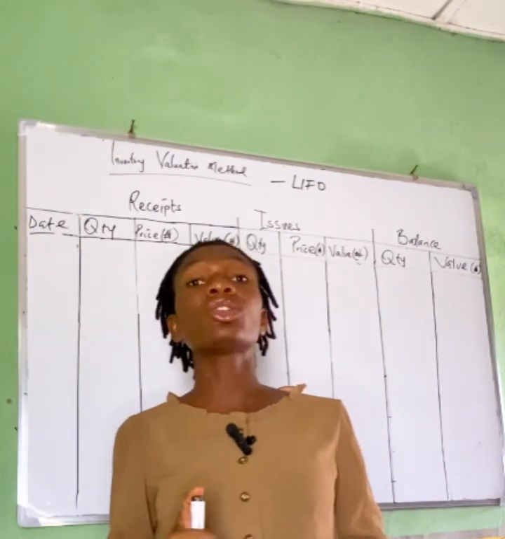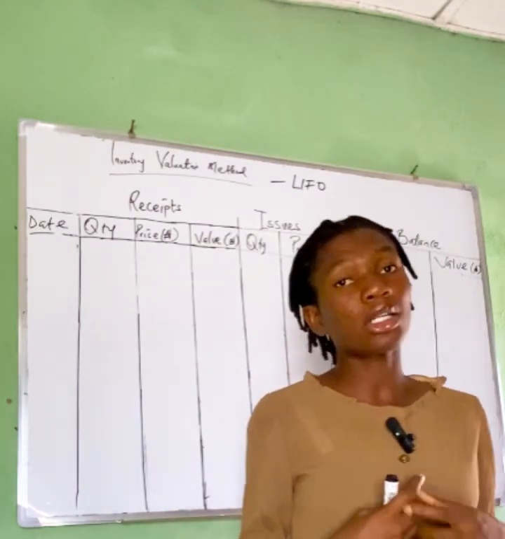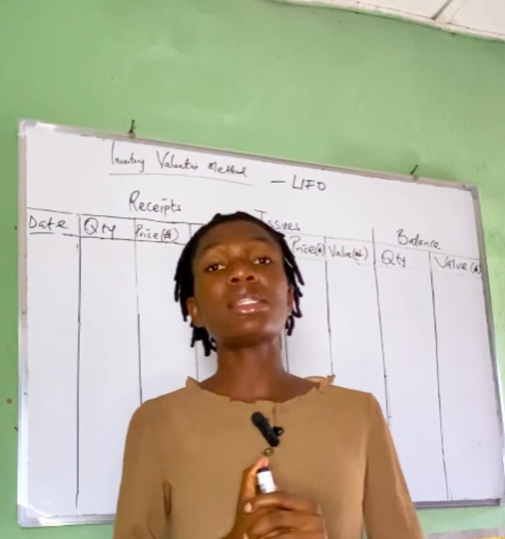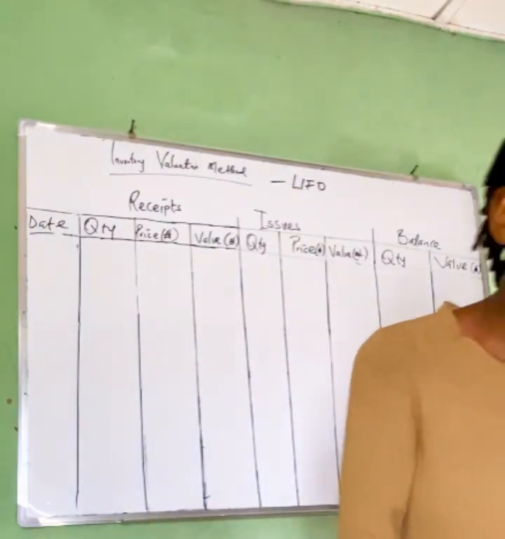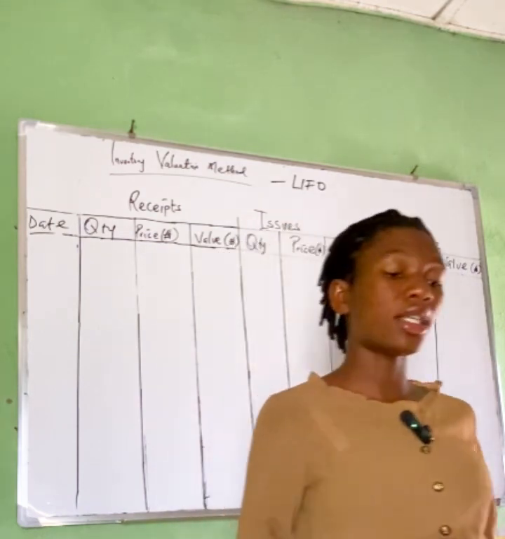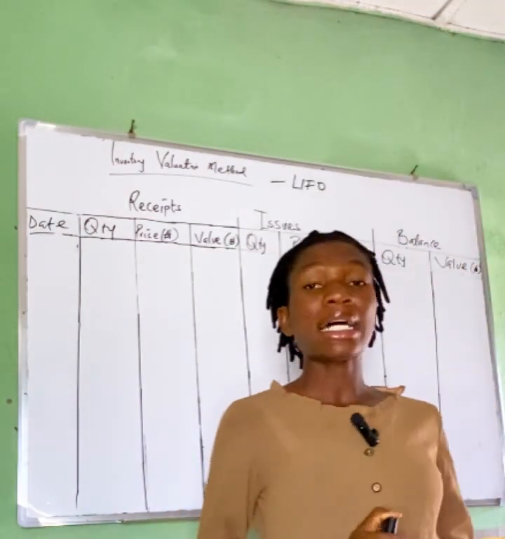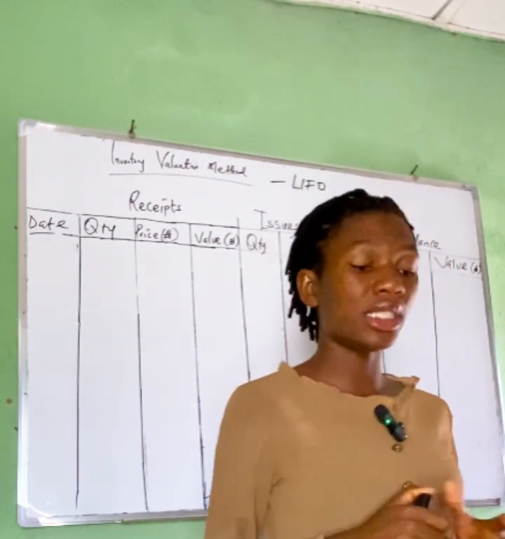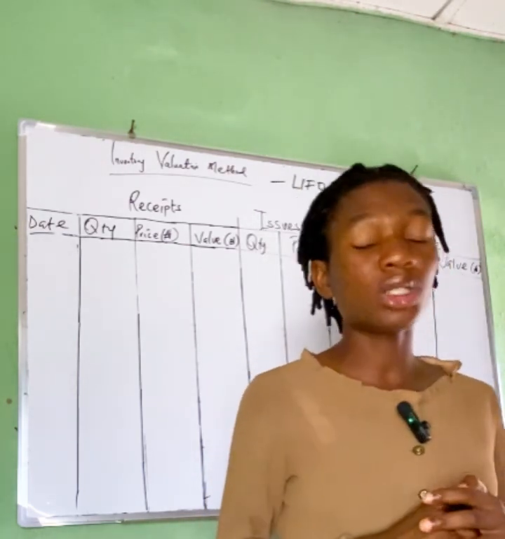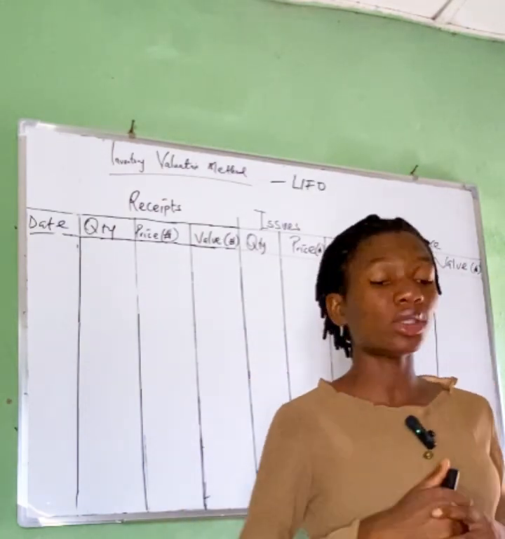All right, now we're still using the same example, because we want to be able to compare the value of our closing stock. God's Favor Enterprise deals in the purchase and sale of merchandise, a variety of fish nets. The enterprise had 80 bundles of net at the beginning of the year, January 2021, valued at 288,000 naira.